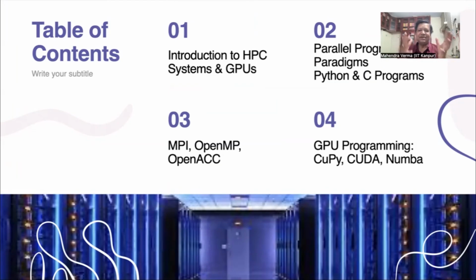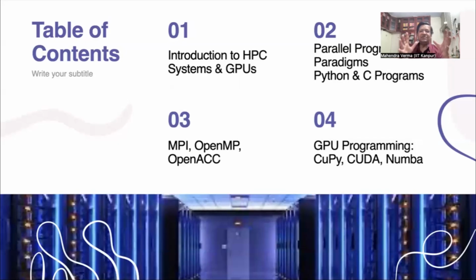That means if I increase the number of processors, the time should decrease proportionally. We'll also give basics of Python and C programs. In fact, it turns out that using compiler optimization without writing parallel codes, we can get good speed up. There are some tricks like vectorization, which I will cover in this part of the course.